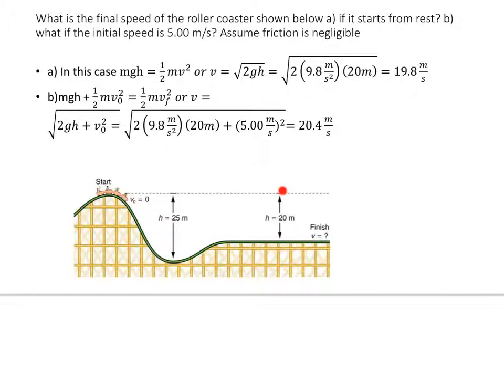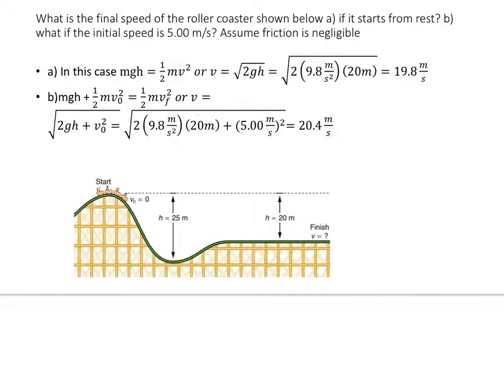So in other words, whatever potential energy it loses is going to have to be added into the amount of kinetic energy that it has here at the beginning. Okay, so we're going to say potential here, mgh, plus 1/2 mv squared is equal to 1/2 mv final squared.